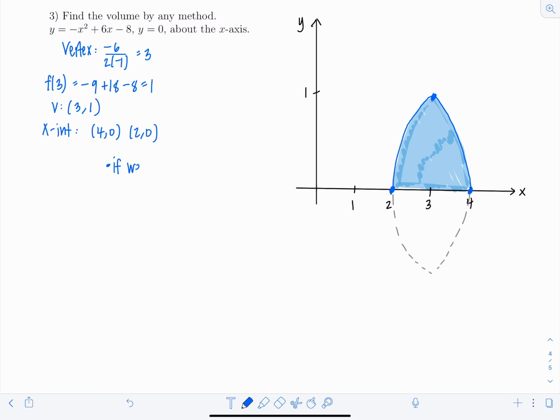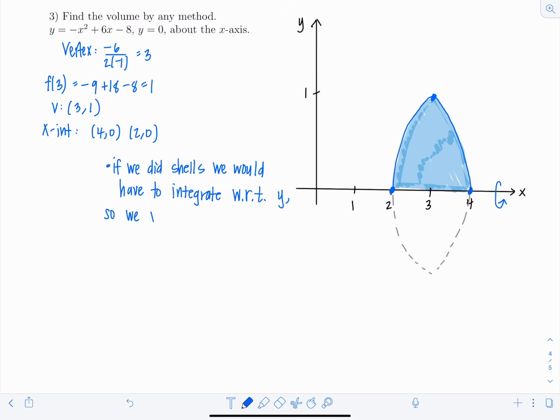So if we did shells, we would have to integrate with respect to what variable? Well, think about it. If you're spinning around the x-axis and you peel parallel to the x-axis, those peels would be taken in the y direction. So we would have to integrate with respect to y.